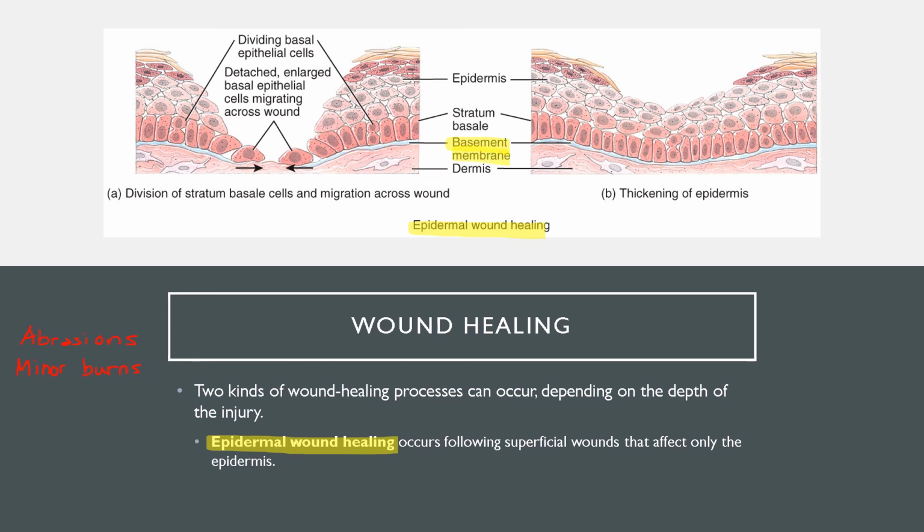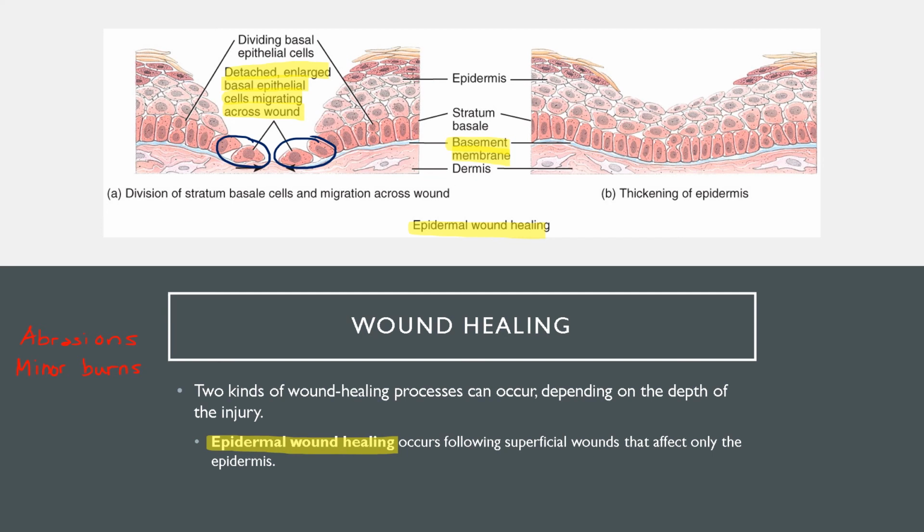They're going to enlarge and migrate across the wound. So we can see these basal cells here, at the edges of the wound, where they are detaching from the basement membrane, enlarging, and migrating across the wound here.